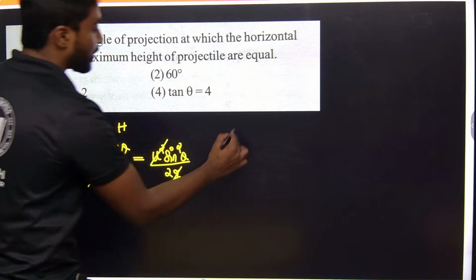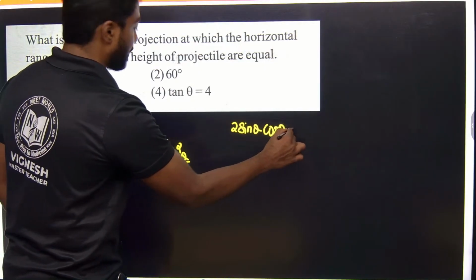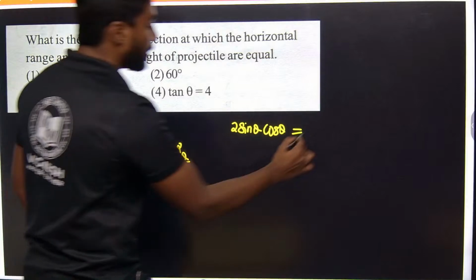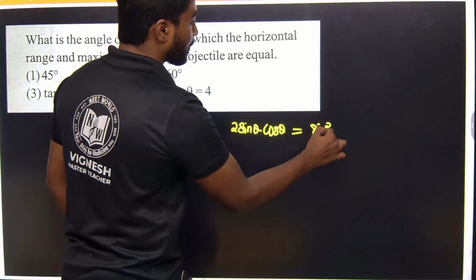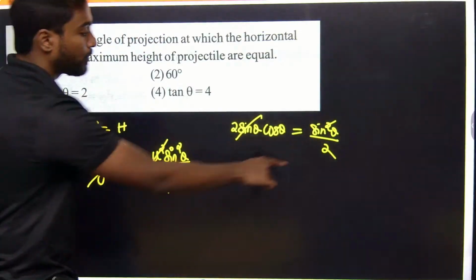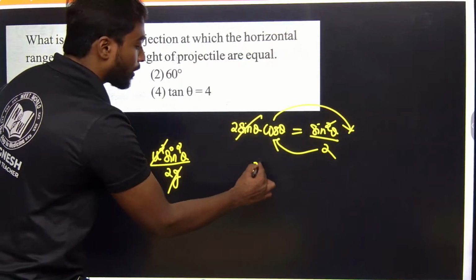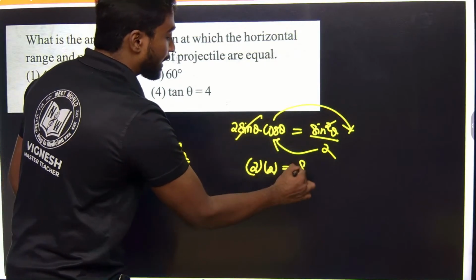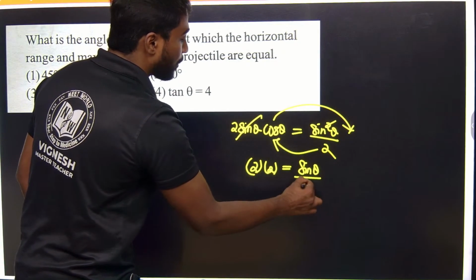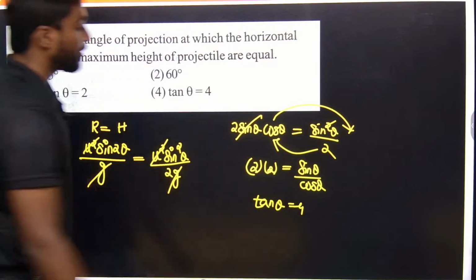So sin 2 theta, 2 sin theta cos theta, is equals to sin square theta by 2. One sin theta cancels off, this 2 goes to the other side and cos theta to the other side. So 2 into 2 will be 4, and sin theta by cos theta will be tan theta. So tan theta will be equals to 4, that's it.